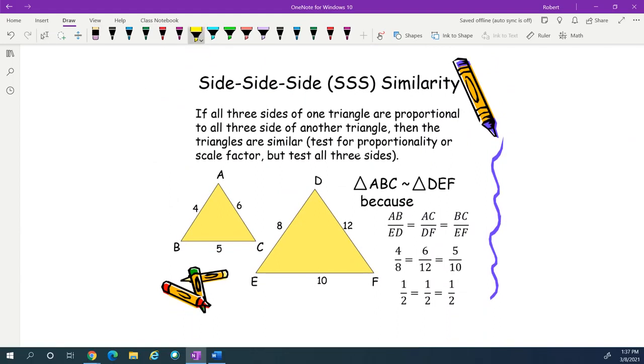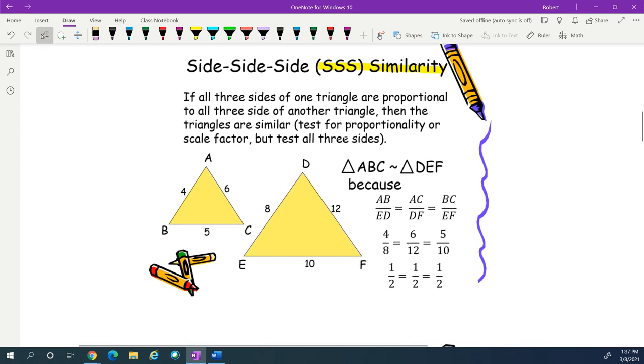SSS similarity, side side side. That means that we tested all three sides and proved that they are proportional or do have the same scale factor. So what you can see in our work here, I'll highlight it in yellow, we're testing the corresponding parts. Now we know that we can set up proportions multiple ways.